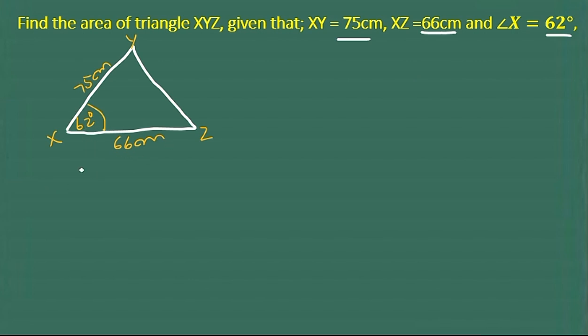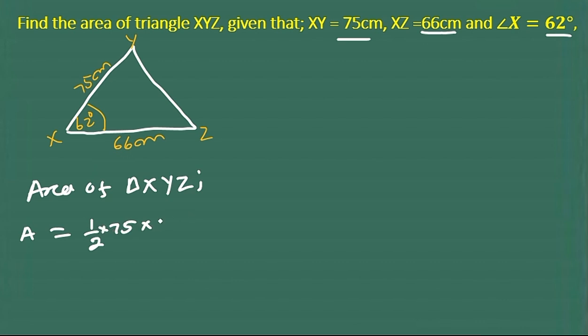So straight away we can say that the area of triangle XYZ, A, equals 1/2 times the two dimensions given, which is 75, times 66, times sine 62 degrees.